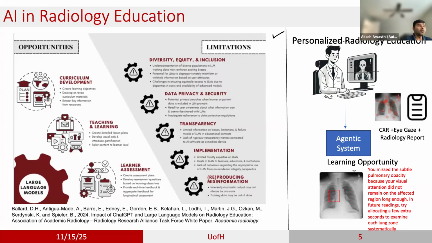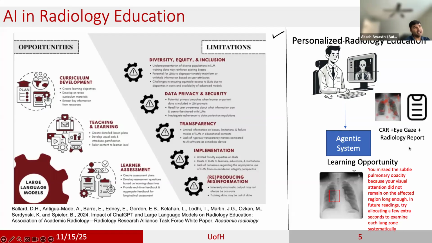So it's more related to their cognitive processes. Can we have an AI system which can give personalized feedback based on their cognition of diagnosing the CXR image? The current work is focused on CXR, but we plan other modalities as well.